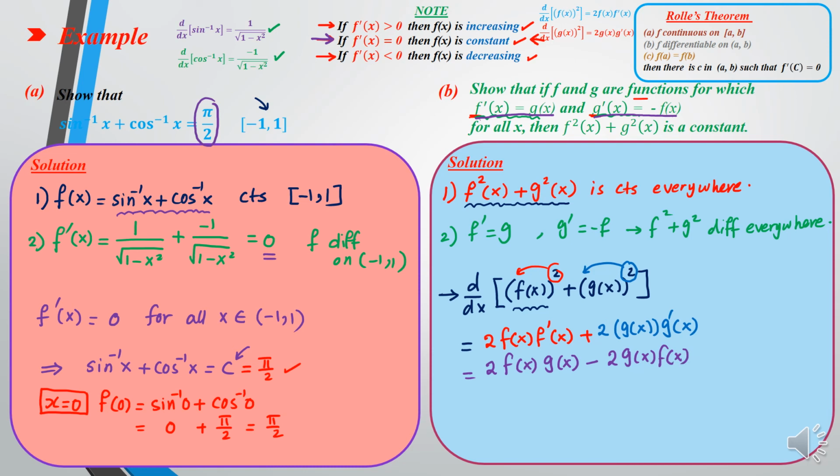So we have 2fg minus 2gf, and this is equal to 0. So the derivative of the given function equals 0, and if the derivative is 0 for all x, this means that the function is a constant. So f squared of x plus g squared of x is a constant function.